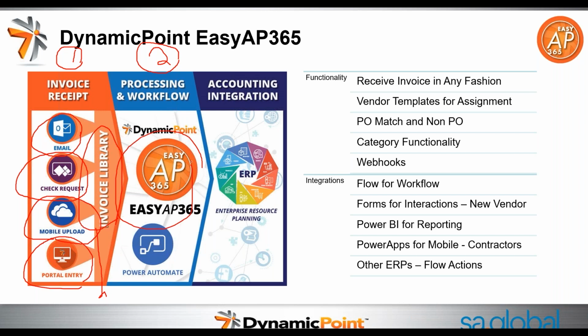This is where the accounting aspect comes in, as well as the workflow. Maybe I need to route this for review and approval. Maybe if it's for a PO and it's within a given threshold, I don't need an approval. So I need an automation tool to apply the logic of what's going to occur and how I need to route this now that I've received it and used OCR to extrapolate data from it.